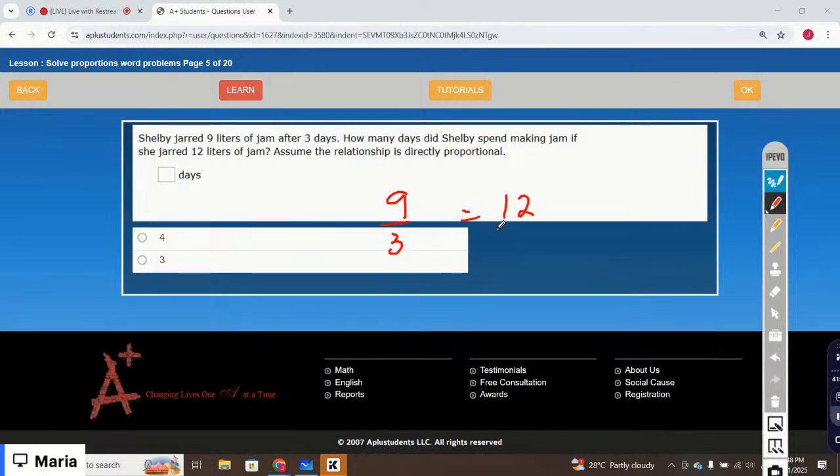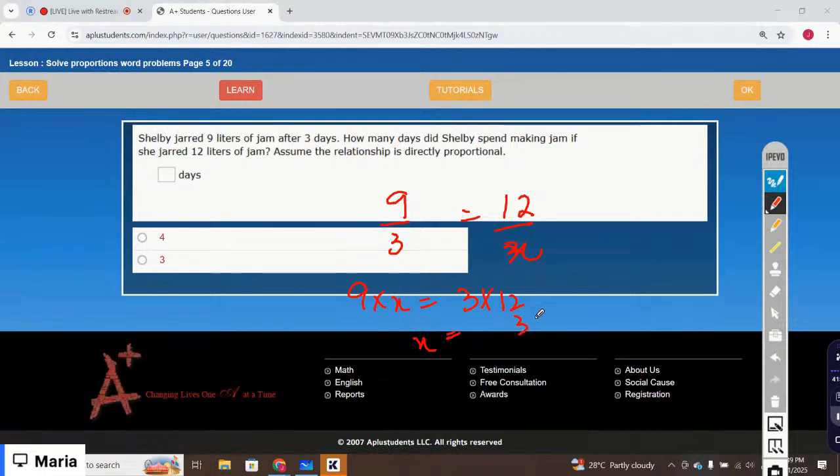So for 12 liters of jam, how many days will she jar? 9 times x equals 3 times 12.